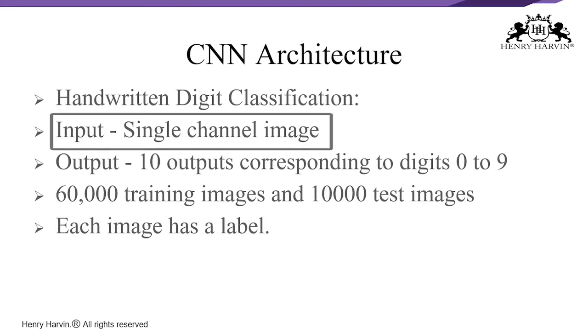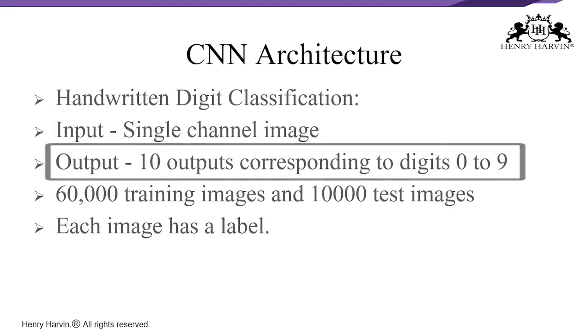Here the input is a single channel image and we have totally 10 outputs corresponding to digits from 0 to 9. Why do we call it 10 outputs? Because the output could be 0 or 1 or 2 or 3 up to 9. So what is the input over here?